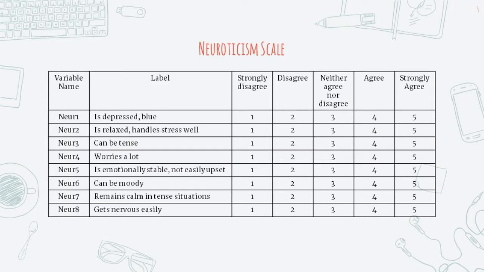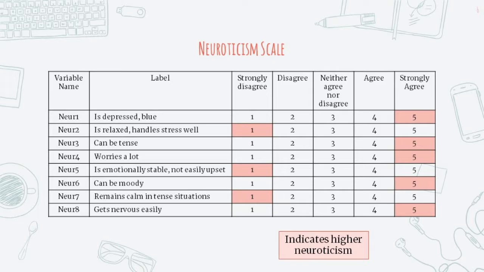You can look at the table here where we have neuroticism 1 through 8, and you can see that for some of the variables, a higher score of strongly agree does indicate that they are more neurotic. They are more depressed. They can be tense, worried a lot, moody, nervous easily. Whereas for 3 of the other items, a higher score would be the opposite of neuroticism. In fact, a lower score equals more neuroticism.